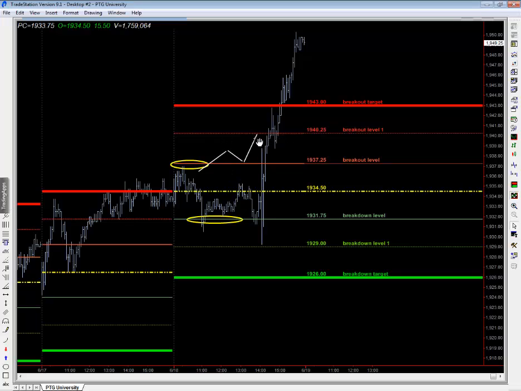And if that level is penetrated as well, there's an even greater probability. Probabilities actually increase rather than decrease.